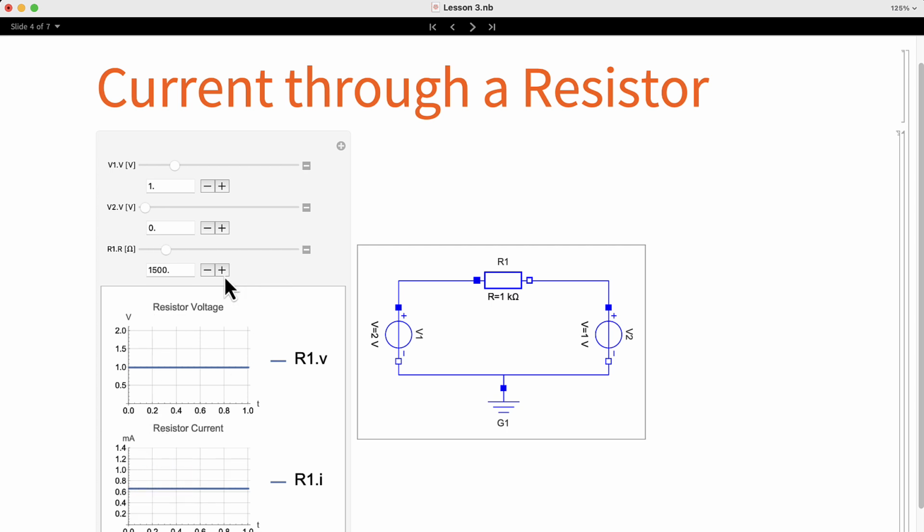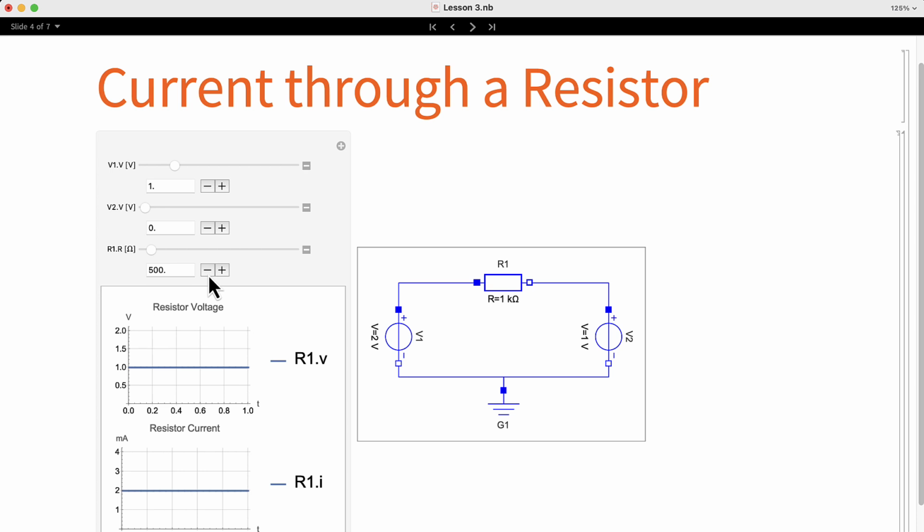By increasing the resistor, we can see that the amount of current is being reduced. It's 0.3 milliamps. And the opposite happens as we make the resistor smaller.